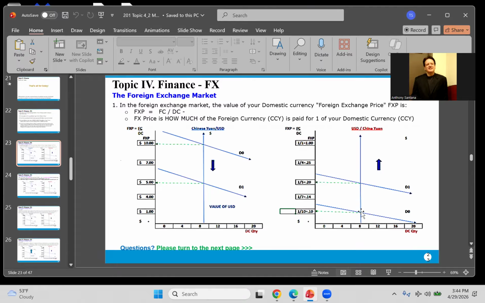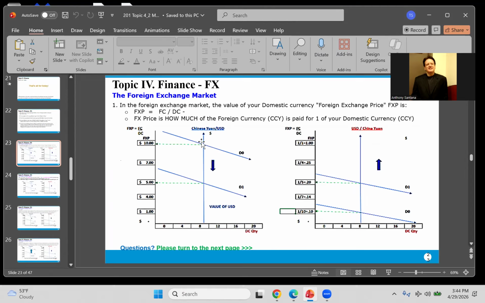So you're only going to give them 10 cents for their currency, and they're going to give you 10 yuan for your currency. So how does that make sense? Think about it this way. Their currency is worth 10 cents. So if they give you 10 of their currency, 10 times 10 cents is how much? It's $1. So that's 10 yuan to the dollar. So you see how it works out?